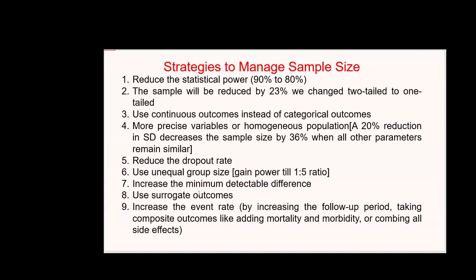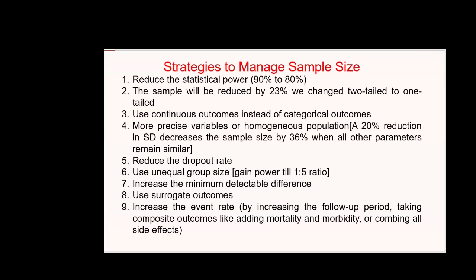Increase the minimum detectable difference. If you think there is a clinically important difference, you can increase it, and in that case your sample size will reduce. Use a surrogate outcome. Surrogate outcome means you can use, in place of the outcome variable, a variable that is highly correlated with your primary outcome.